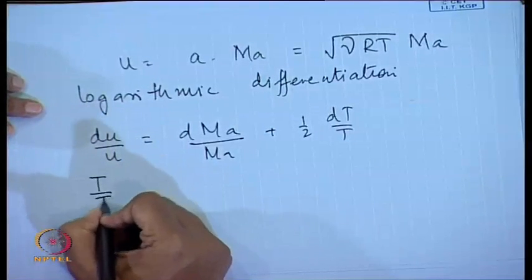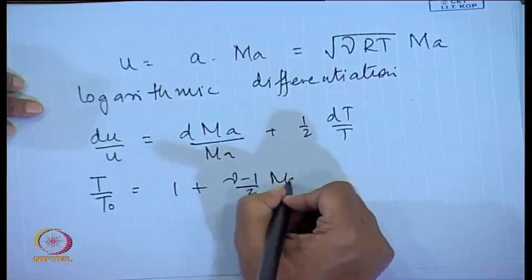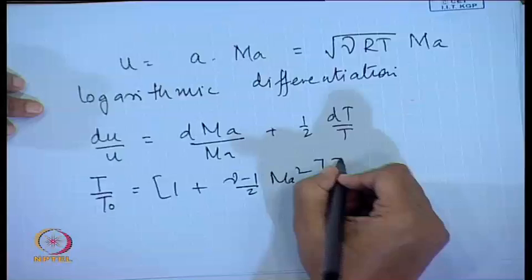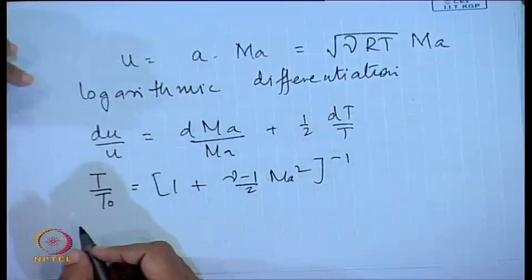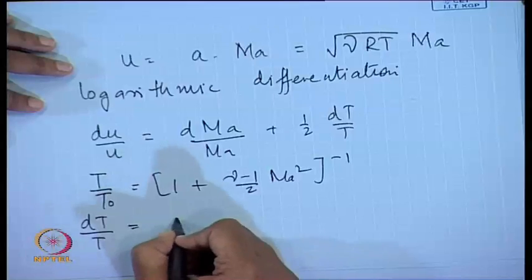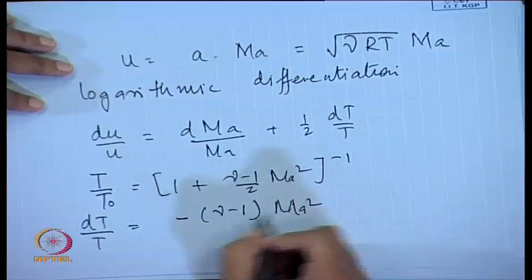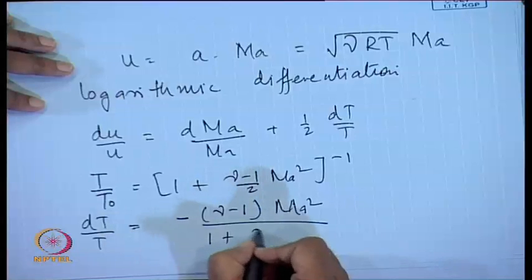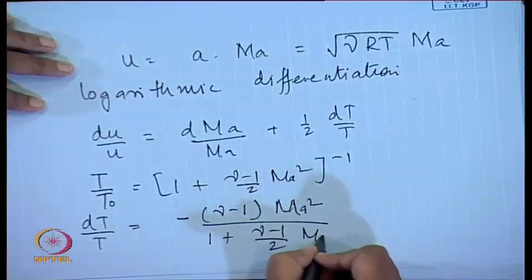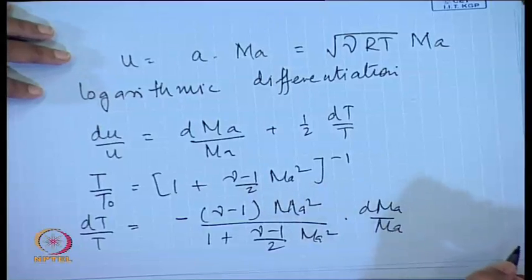That particular expression is 1 plus gamma minus 1 by 2 Ma square whole to the power minus 1, isn't it? So in this case we get dT by T equal to minus gamma minus 1 Ma square by 1 plus gamma minus 1 by 2 Ma square dMa by Ma.